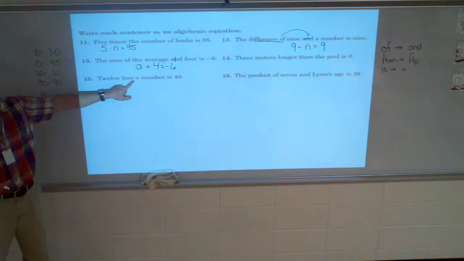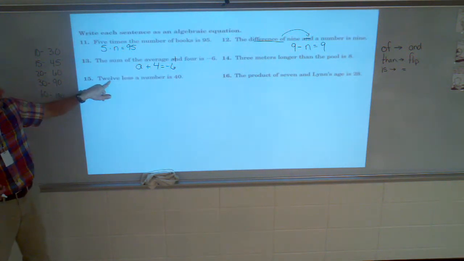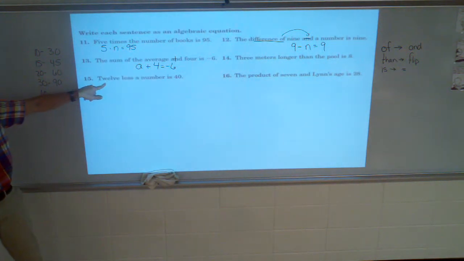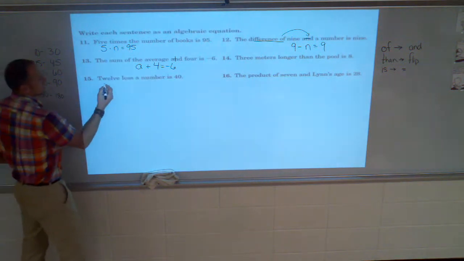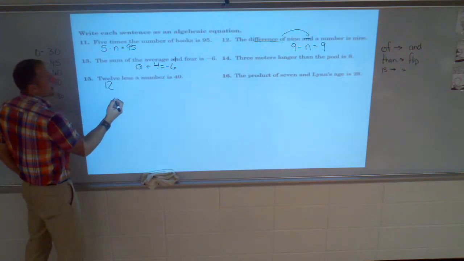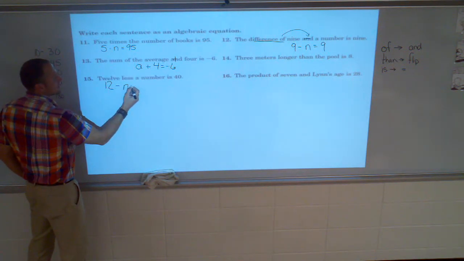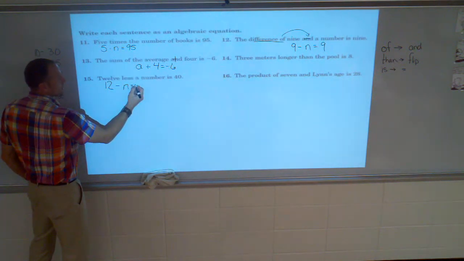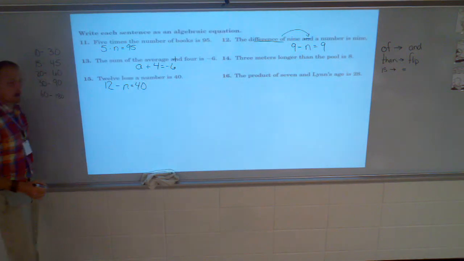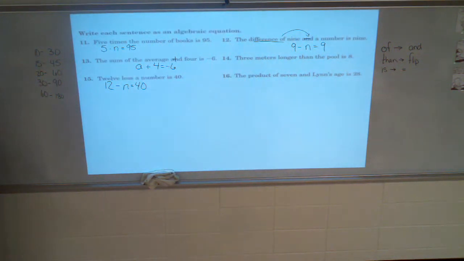But this does not say than in it, does it? And be careful, because on your test, there's one like this, and it doesn't say than either. So, just write what I say. Darlene, 12 less a number is equals 40. Very good. 12 minus n equals 40.